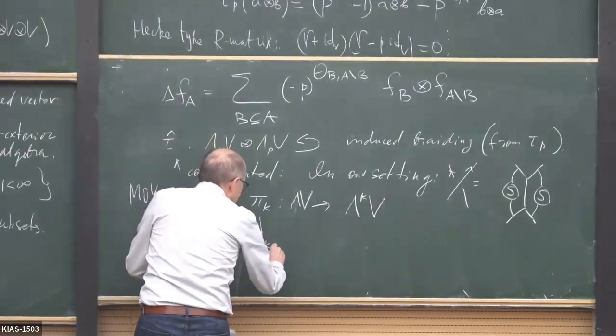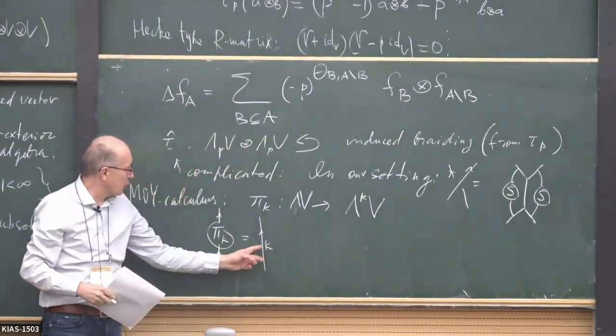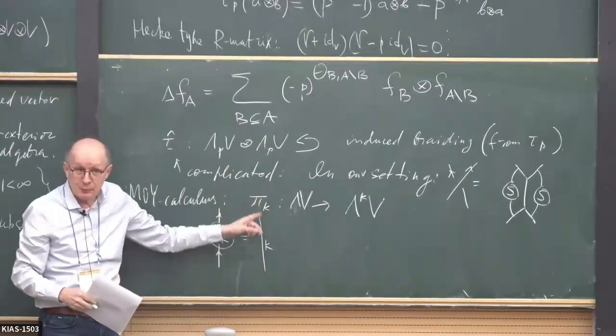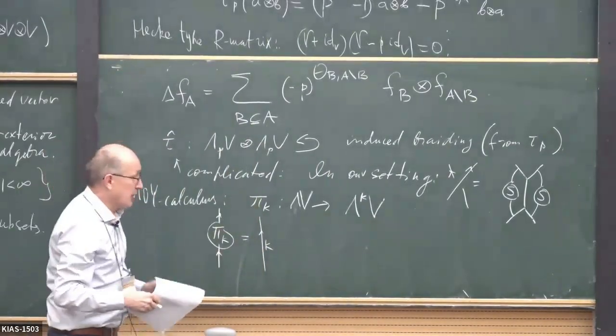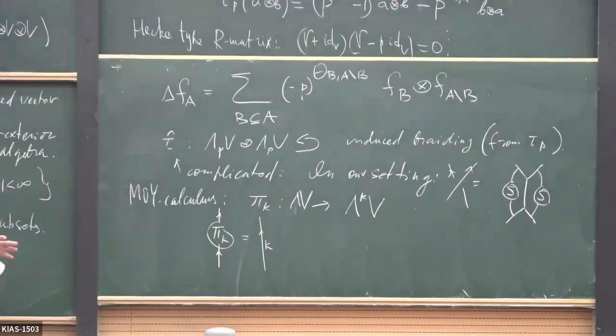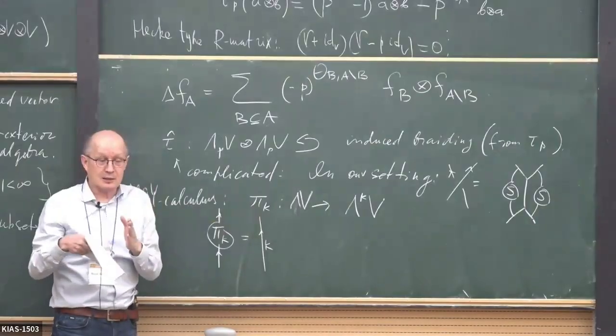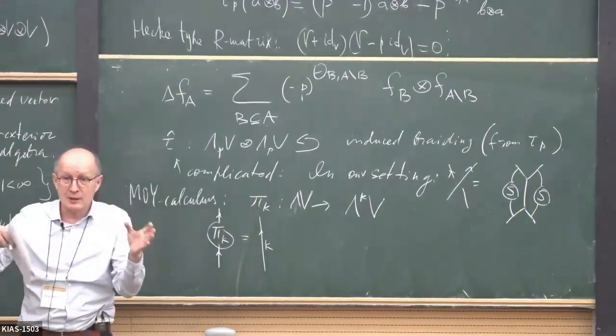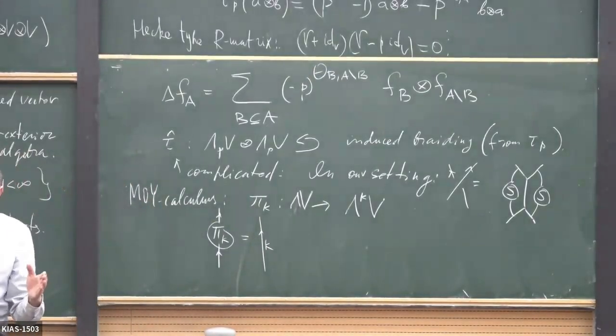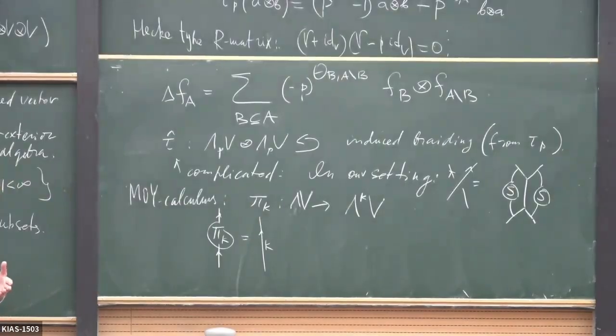So this is just an edge with index k. Because in MOY-calculus, you have diagrammatics with oriented edges, but each edge carries an integer. It is a non-negative integer. And this integer is just the degree of the element in the exterior algebra, or in other words, the size of the associated subset.